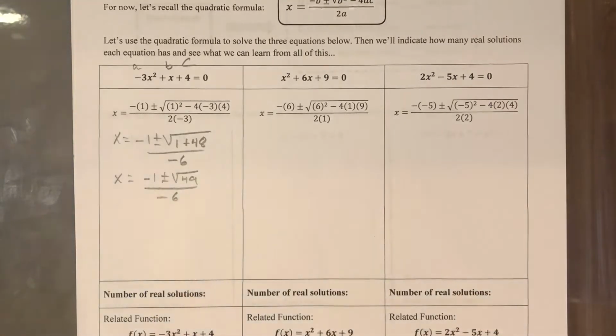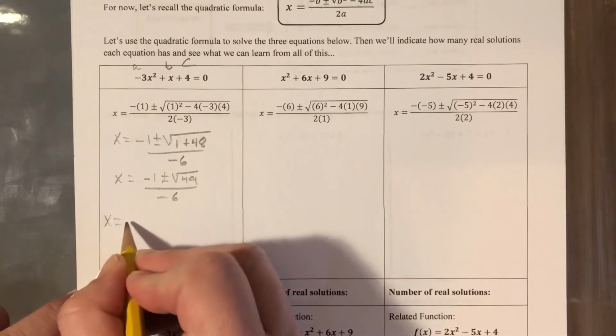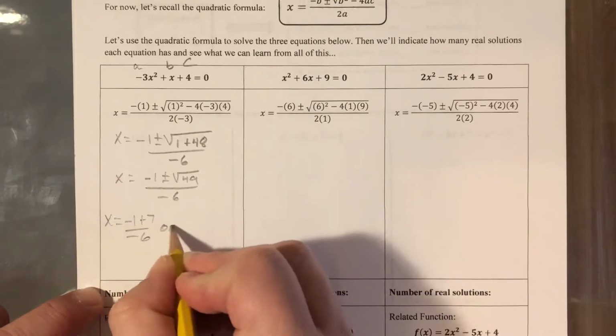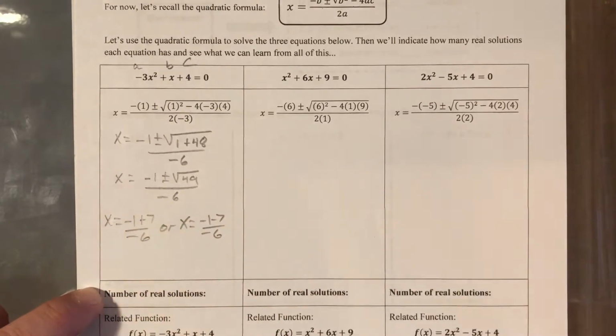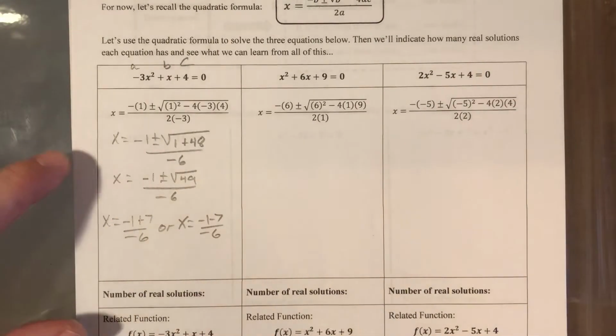Well, the good thing is that I know that 49 is a perfect square, and it's a perfect square of 7. So it would be plus or minus 7 in that part. So I've got x equals negative 1 plus 7 over negative 6, or x equals negative 1 minus 7 over negative 6. All right? Because remember, you got to include both. All right.